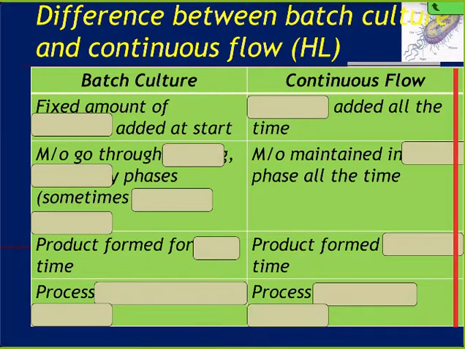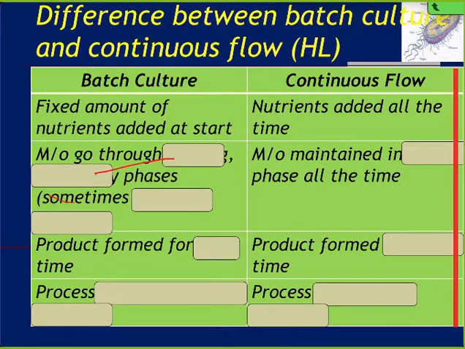So for batch culture, nutrients. Okay, so a fixed amount of nutrients added at the start, versus nutrients added all the time.